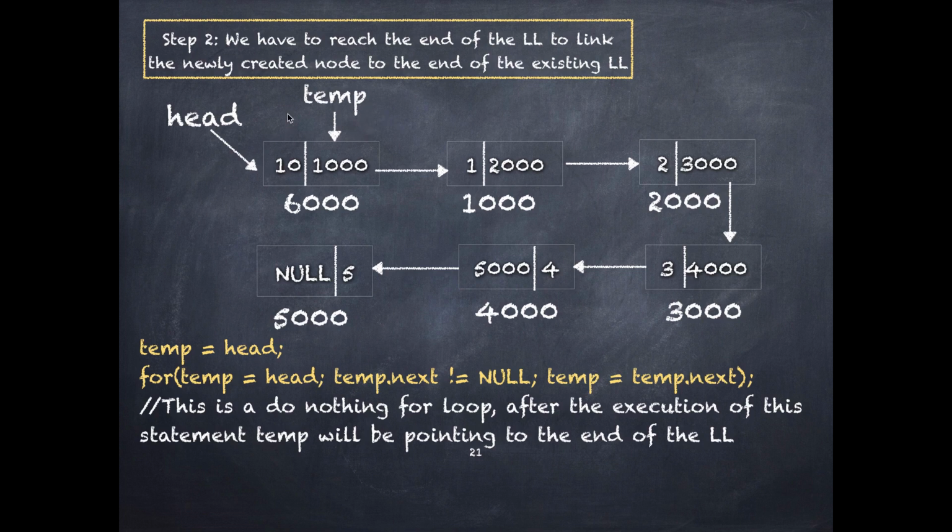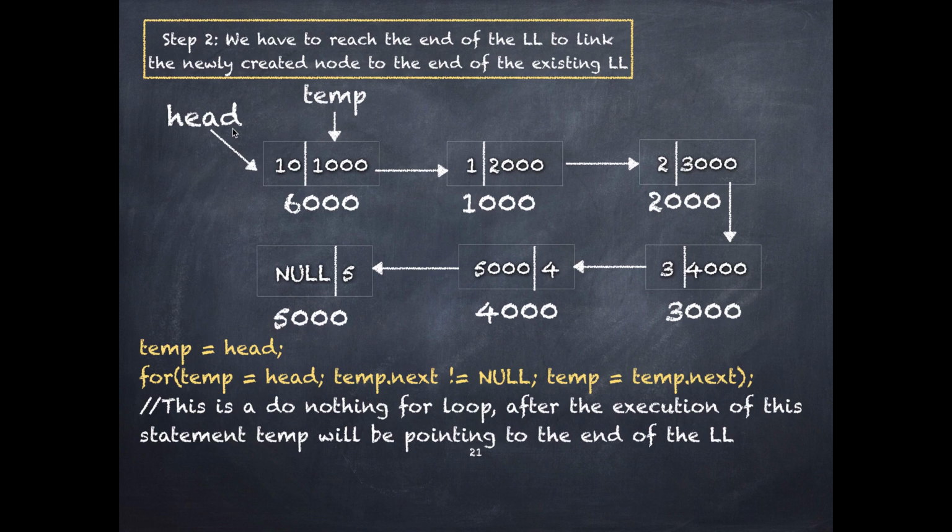Now you can see this first node is pointed to by two pointers, temp and head. Now I am free to move temp. Even if I move temp, I can gather all the other information of the linked list with the help of the head pointer, because head is still pointing at the first node of the linked list.